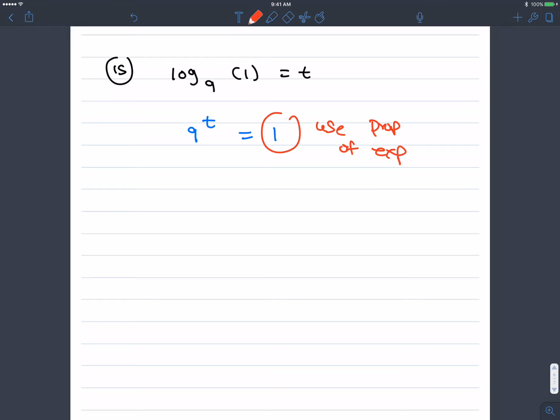And if I thought about it, 1 could be described as, in general, any base to the 0 power. But if I'm going to use the fact that it has equal bases, I'm going to use the base 9 to the 0 power. And again, notice that same base, different powers, t and 0.